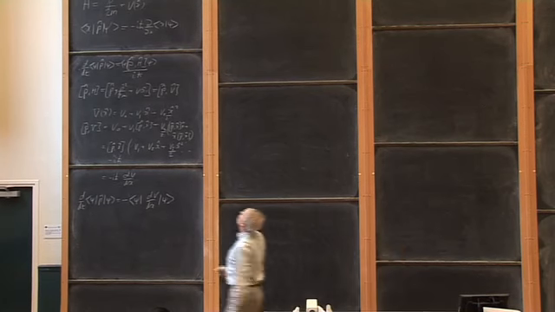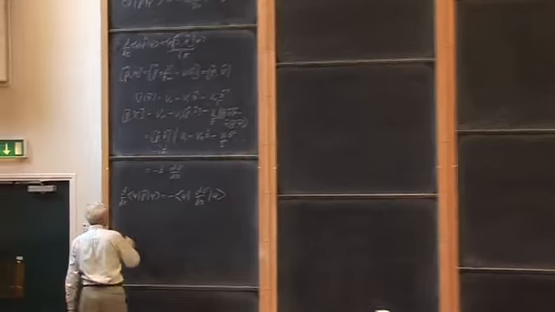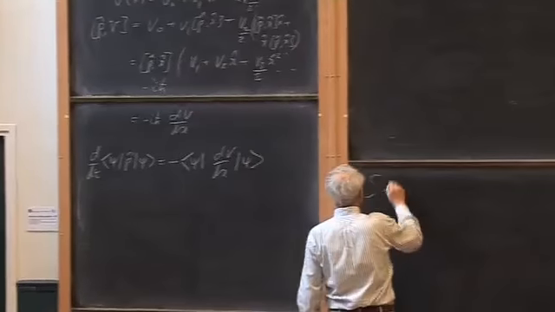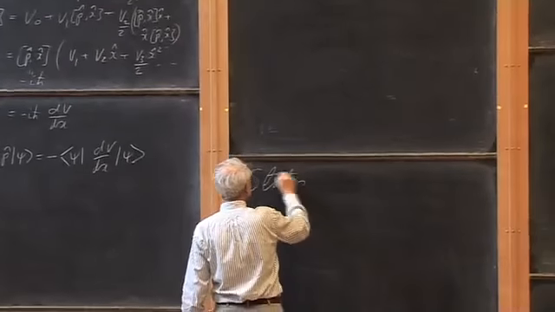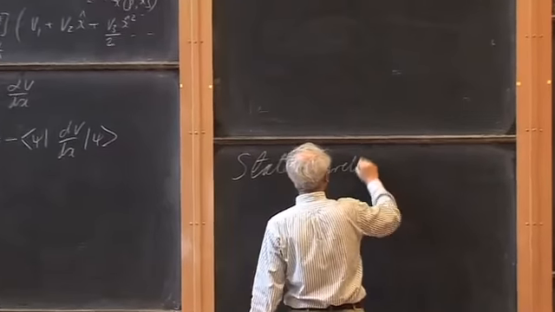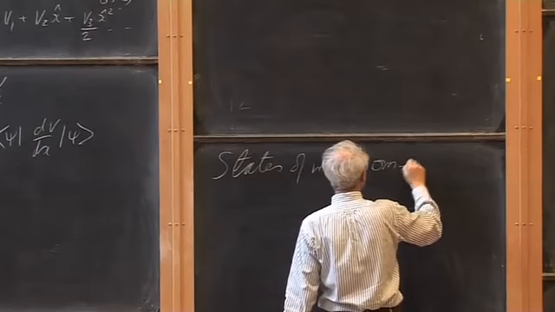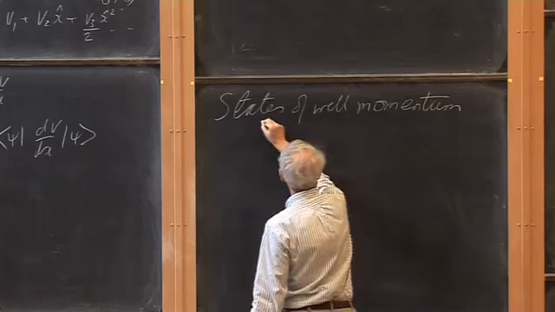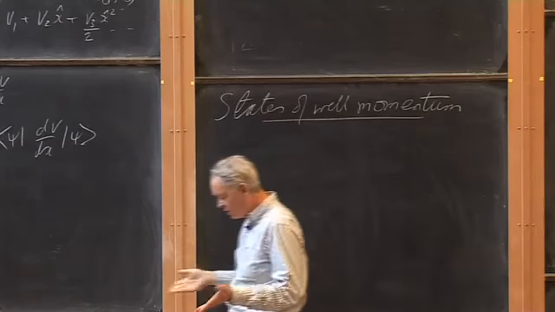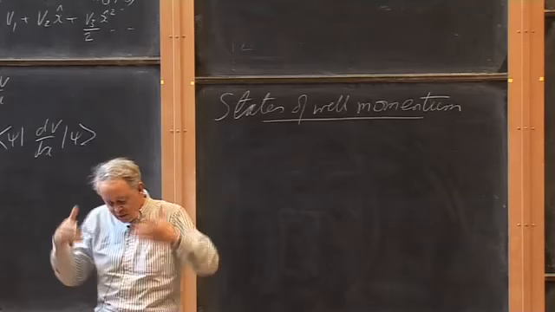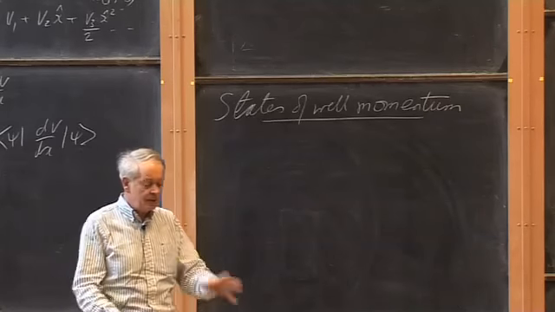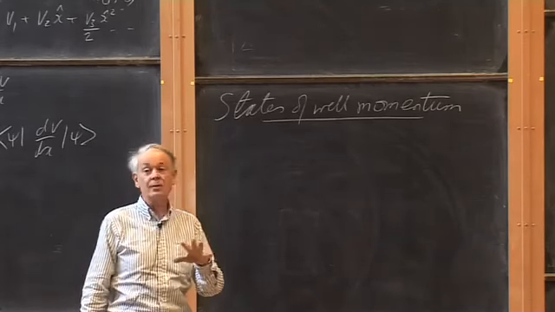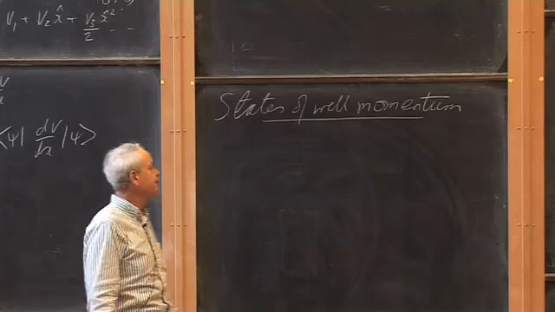So now let's look at states. Very important topic. States of well-defined momentum. That is to say, we want to know, what are the wave functions? What do the states look like in which a measurement of the momentum is certain to produce a given number?